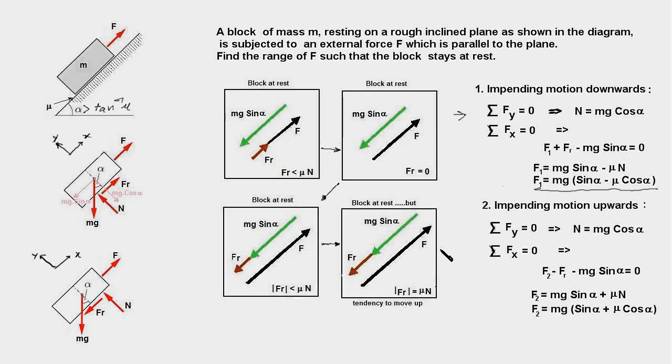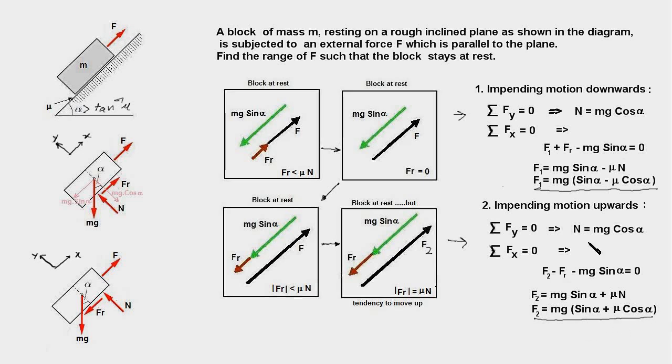So for this position we can again write the equilibrium equation, and this value of force we can call F2. So F2 would be equal to mg sin alpha plus frictional force Fr, which is the equilibrium equation in x direction. F2 is equal to mg sin alpha plus mu N. We replace N with mg cos alpha and we get F2 is equal to mg (sin alpha plus mu cos alpha).